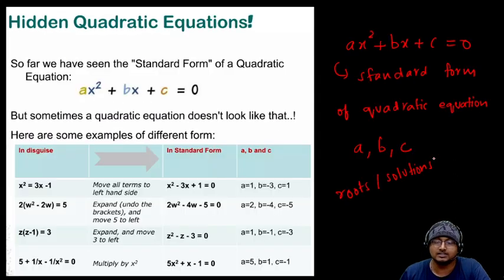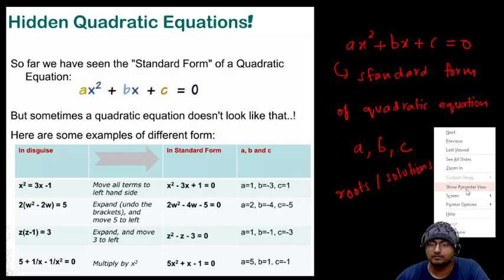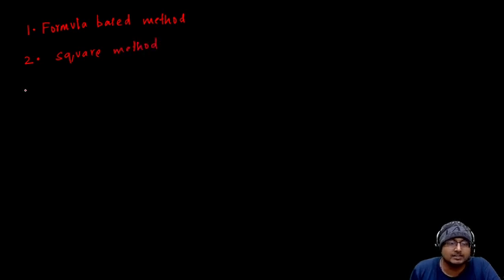We have already discussed that there are three methods to find the roots of a quadratic equation. The first method is the formula based method, the second method is the square method, and the third method is the factorization method.